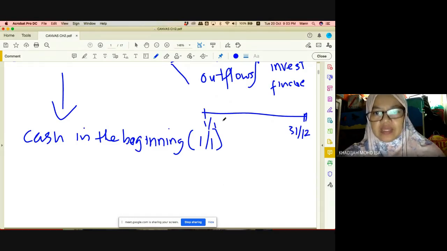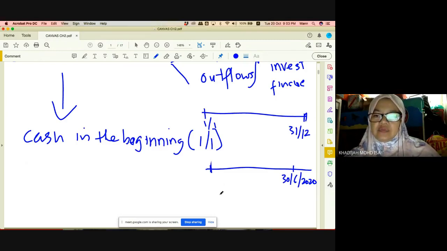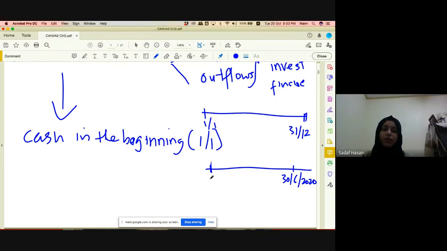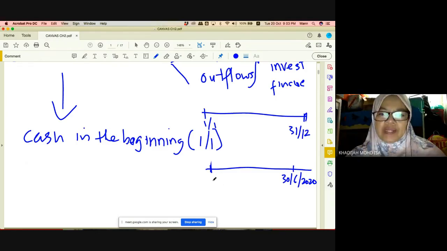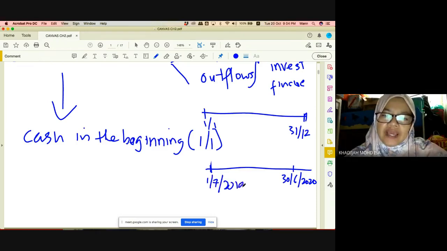But if your year end is 30th of June 2020, when is the beginning of the business for 2020? When does it start? 1st of July. Which year? 2019. So you have to be careful with regard to your period here.